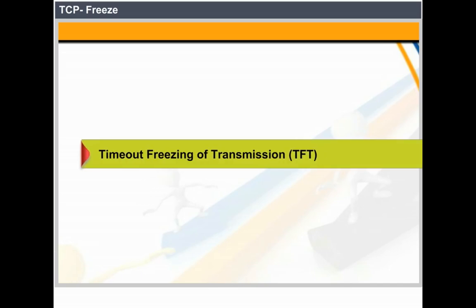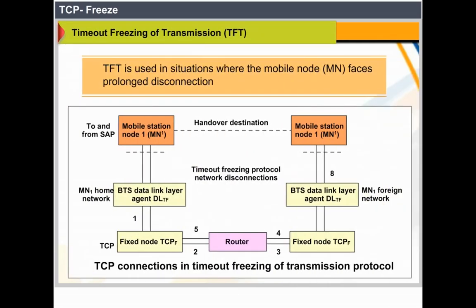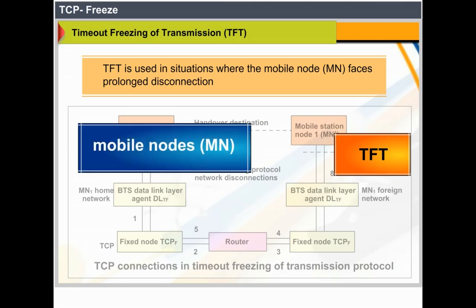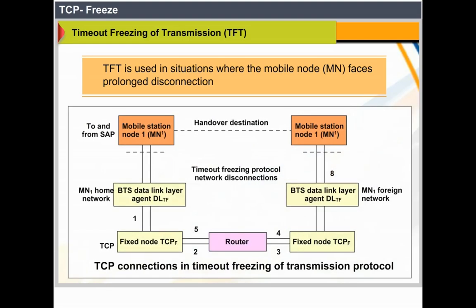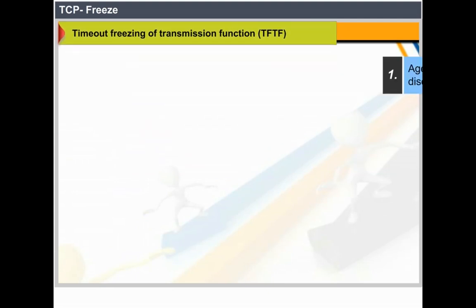TCP freeze. Timeout freezing of transmission, TFT. TFT is used in situations where the mobile node MN faces long durations of disconnection. Figure shows TCP connections in timeout freezing of transmission protocol. Timeout freezing transmission functions.